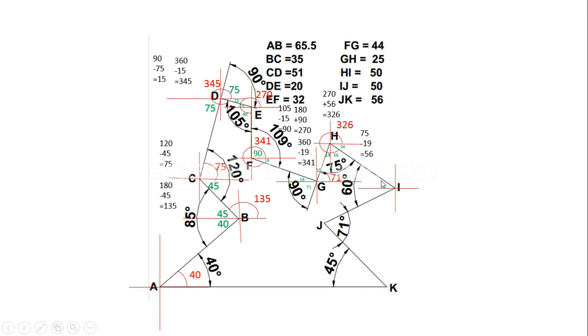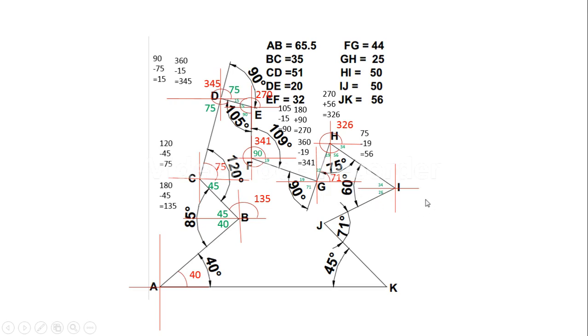If this portion is 34, what is left over here? The total is given as 60, so the remaining portion will be 60 minus 34, which is 26. If you add these two, again you will get 60.